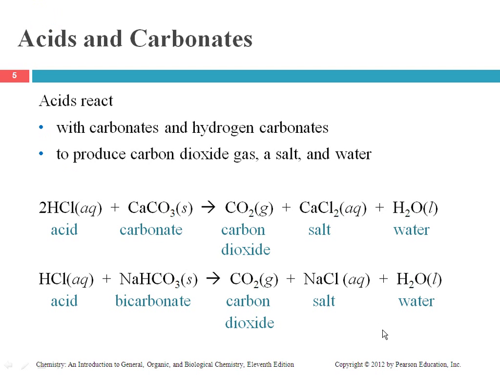Remember that your polyatomic ion chart is on page 138, so if you want to keep referring to that throughout really both of the chapters here. But your carbonate is CO3 2-, that's your polyatomic ion.